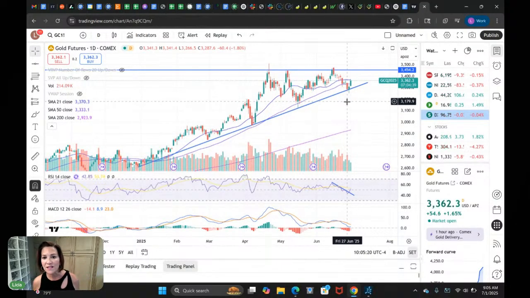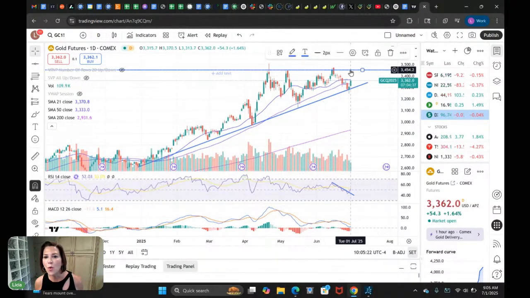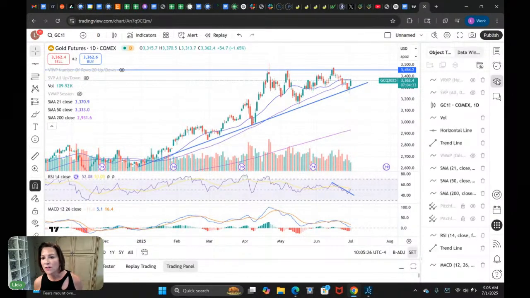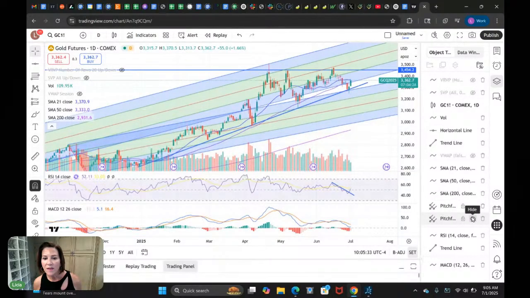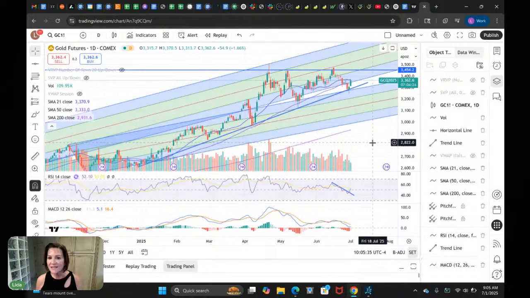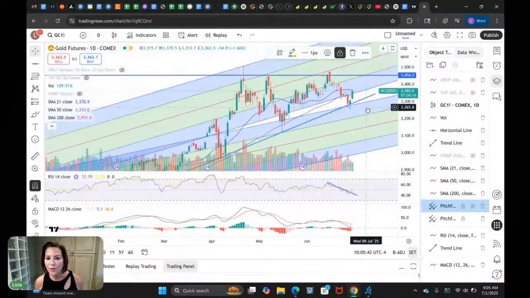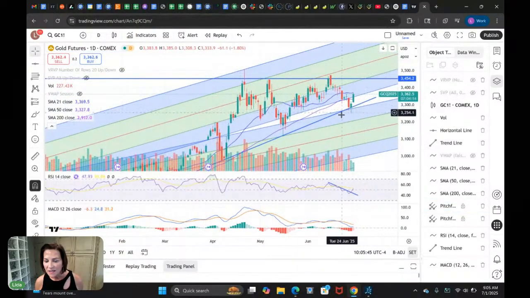The pitchforks, on the other hand, give you even more information. They give you even more places to become a buyer or become a seller. Now look how beautifully gold futures traded down.